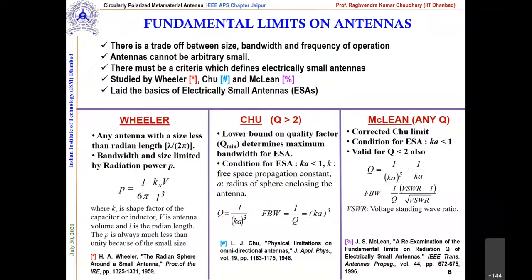This is valid for Q less than 2, and for electrically small antennas, which is ka less than 1. This is one of the important things. Participants who are working in this area validate these things.